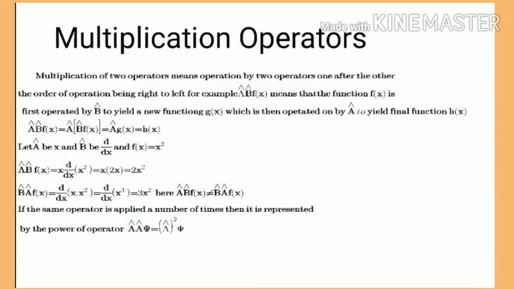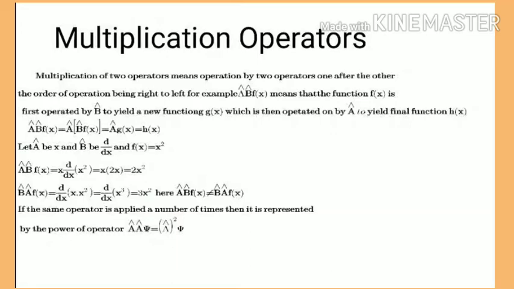So we take an example, A cap B cap psi. It means the B operator is applied first on the function psi, and we get another function, and then we apply the A operator and we get the result. So let A cap be x.